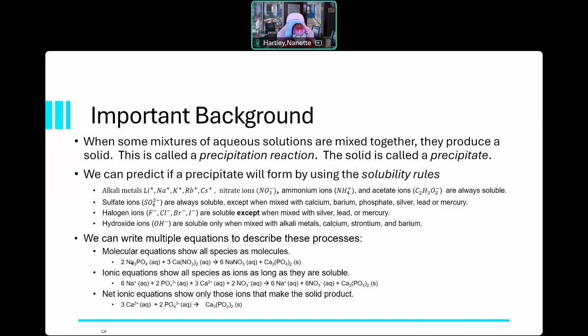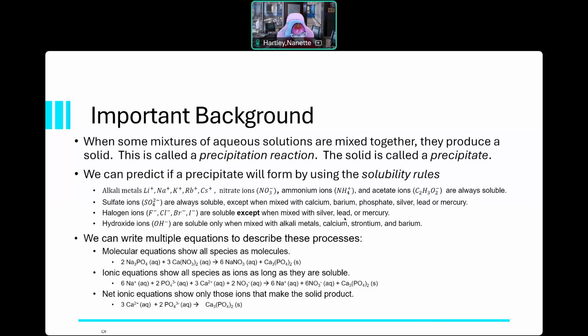So here I have sodium phosphate, which is shown as aqueous because it's dissolved in water. Sodium phosphate reacts with calcium nitrate, both of which are aqueous, and then I produce sodium nitrate, which is also aqueous, and calcium phosphate.